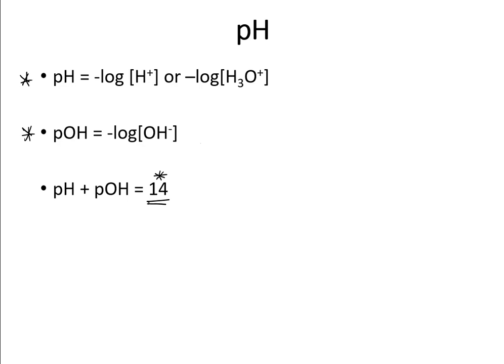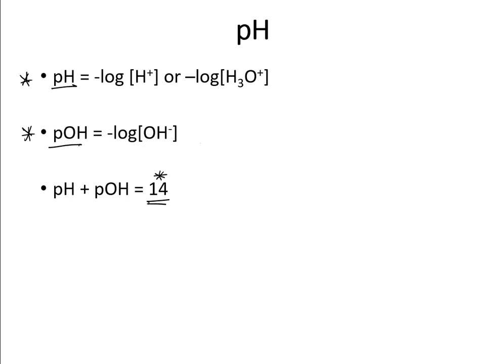But if you add pH plus pOH, they are going to give you 14. That's the reason the pH scale ends at 14, because we are using water.